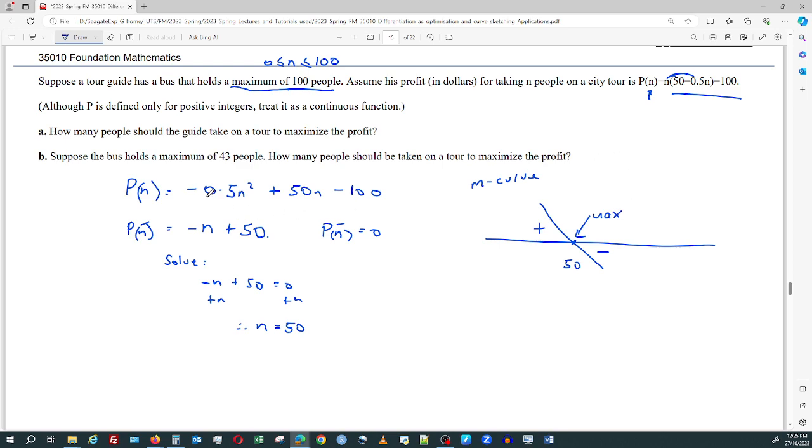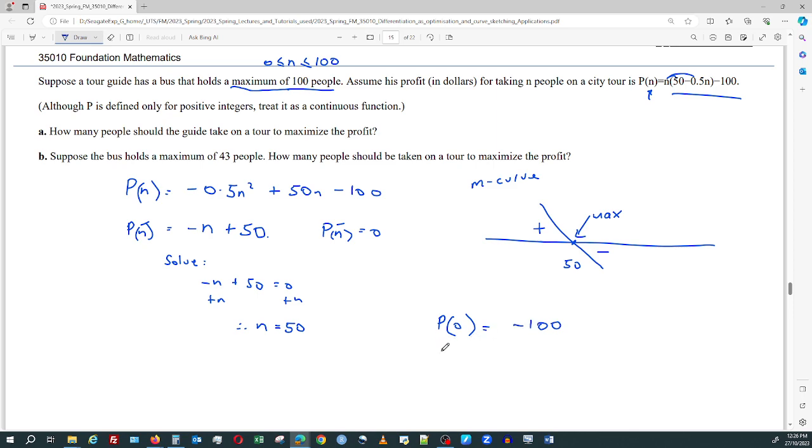So we can answer the first question, how many people should the guide take? Well, we better check the function for the endpoints. So P(0), let's put in the endpoint, that'll be 0, that'll be 0, and so we'll get minus 100.